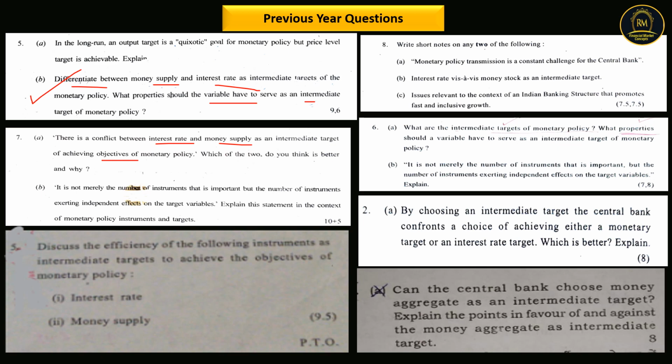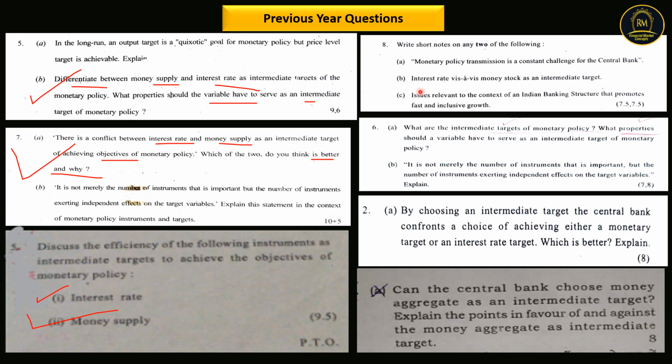Which of the two do you think is better and why? Discuss the efficiency of the following instruments as an intermediate target to achieve the objective of monetary policy: interest rate and money supply. Write a short note on any two.